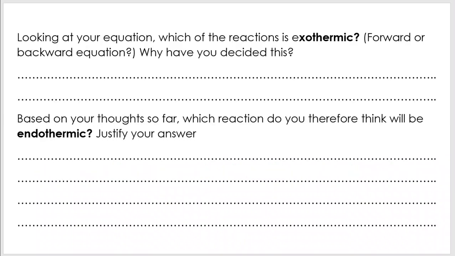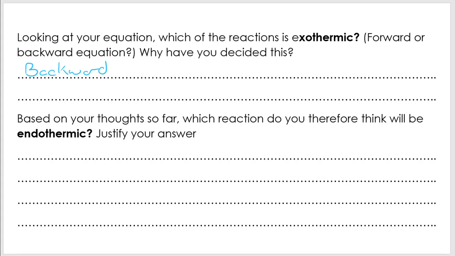Let's move on. Which do we think is exothermic and which do we think is endothermic? Now, actually, you could have been asked either of these first, but we know the backward reaction is exothermic. How do we know that based on what we've seen?